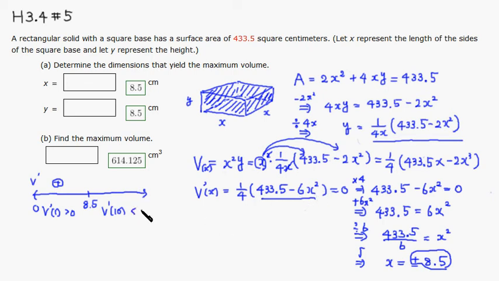So V prime is negative when x is greater than 8.5. The volume function is increasing between 0 and 8.5, and after that it just keeps on decreasing. So at the critical number 8.5 you will have a maximum.